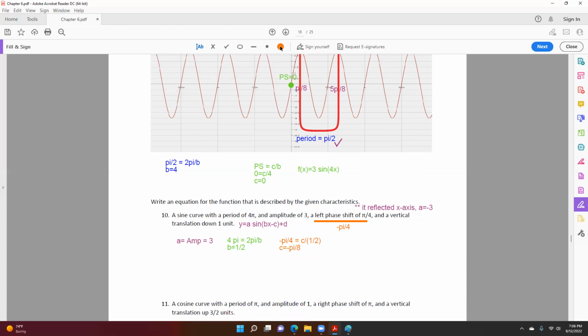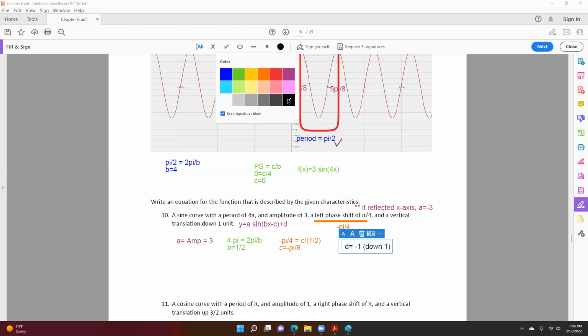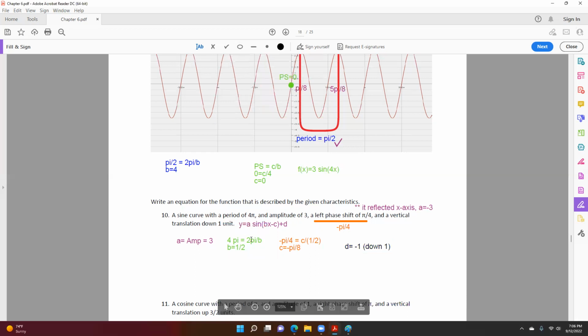The last one we're going to talk about is D. D is the easiest one, where you do a vertical translation. Since this question says you're moving down 1 unit, your D in this case is -1. So now you've got your A, B, C, D. You just plug them all back into this equation.